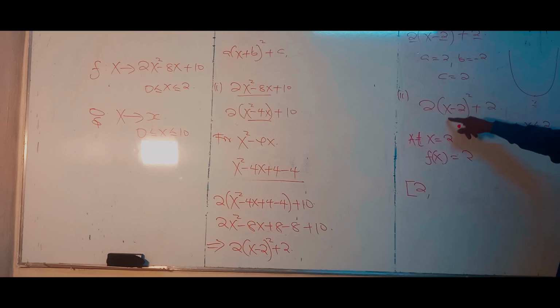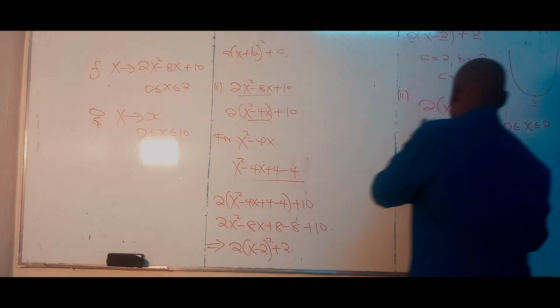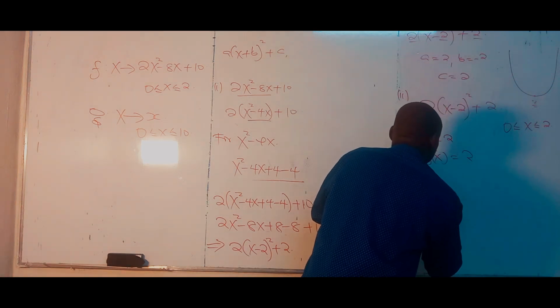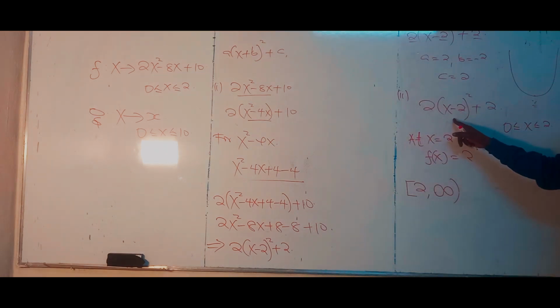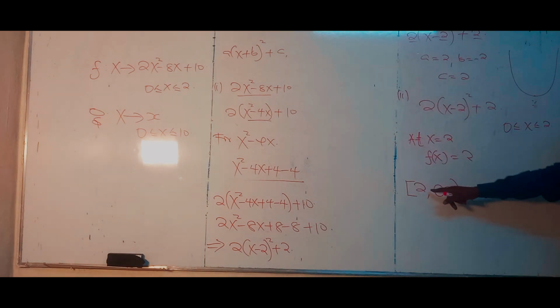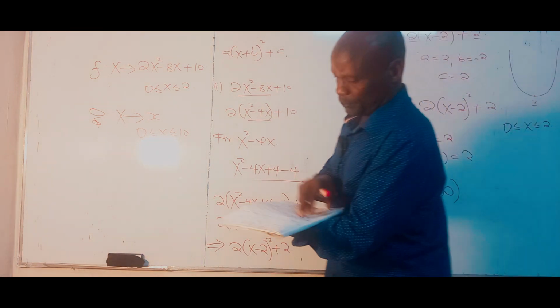I can take x to be 3, 4, 5, 6, 7, in which case it will be increasing without any boundary. So I will call this infinity, but leave it open because I don't know where it's stopping. So I say the range is 2 to infinity.